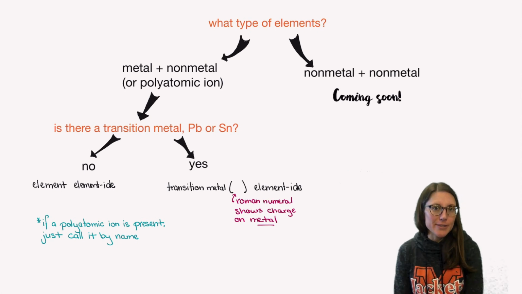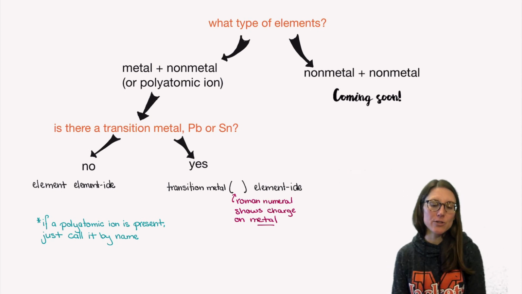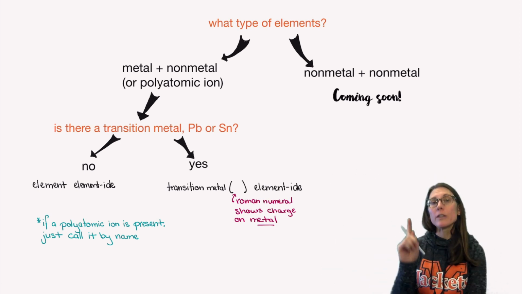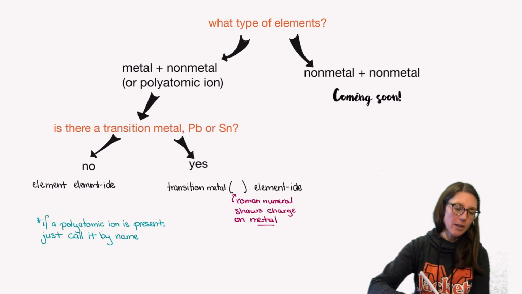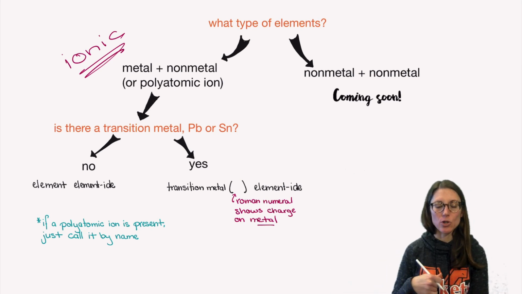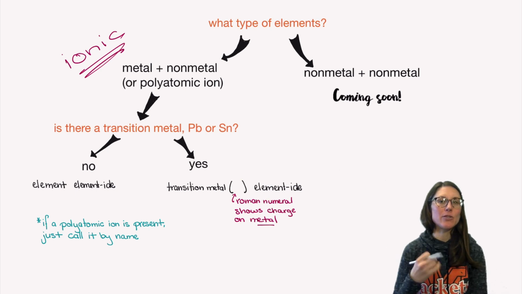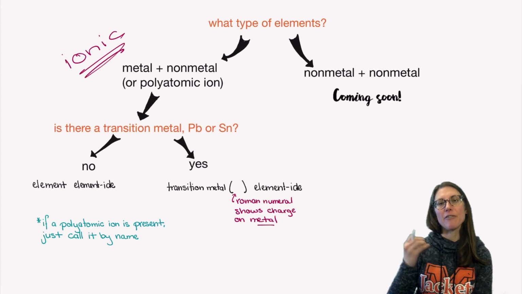Okay, so I made you a nice little flowchart to help you keep this in your head. First thing you're going to have to ask yourself is, what type of elements do you have? If it's a metal and a nonmetal, or there's a polyatomic ion present, that's going to be an ionic compound. And so that's what we're talking about naming today. We'll talk about what to do if there's no metals very soon. But once you know you have an ionic compound, you need to ask yourself, is there a transition metal, an element that can have multiple charges?